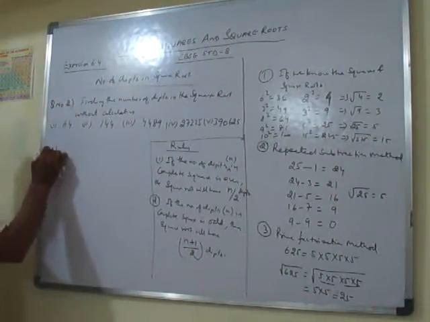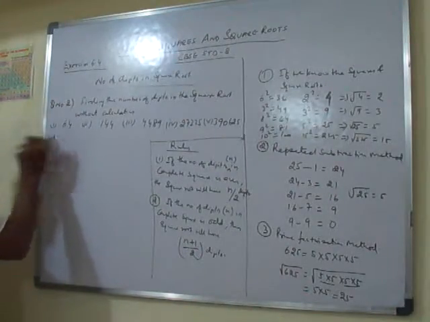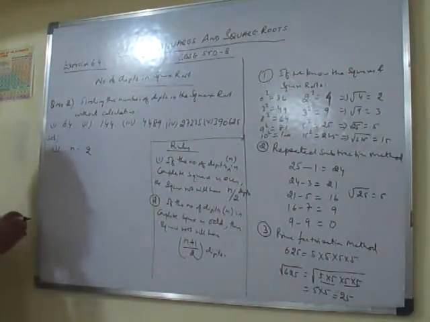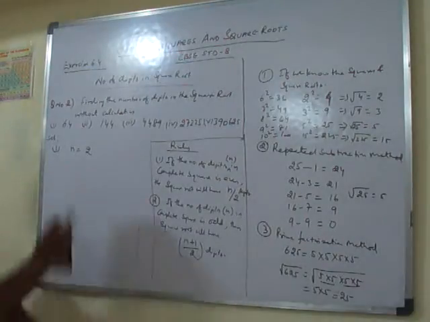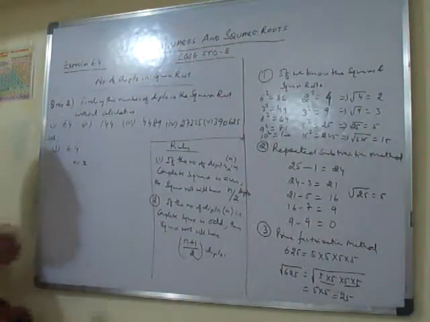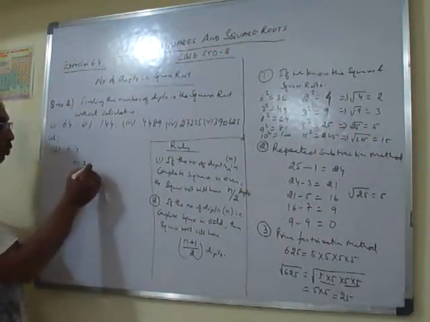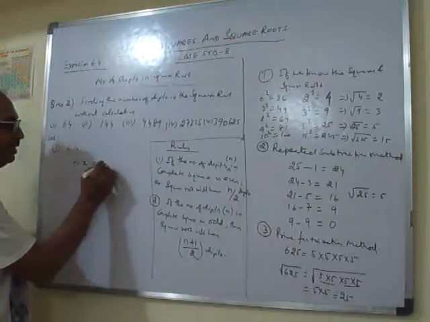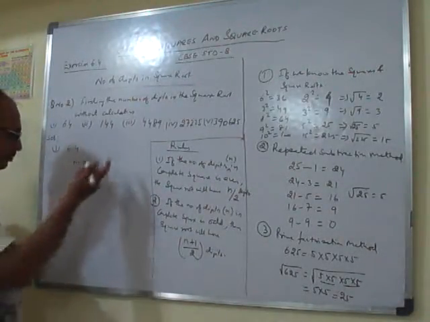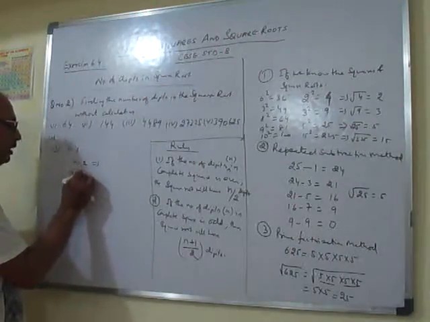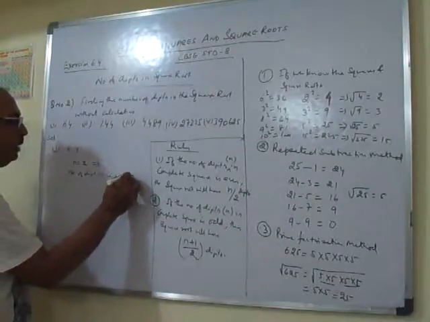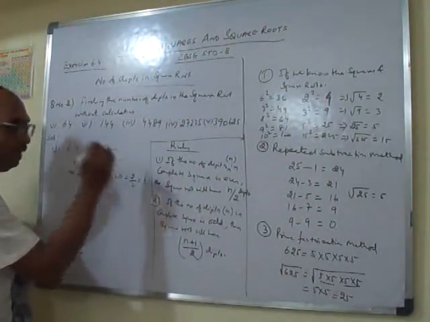So similarly for the first one, number of digits, n is equal to 2. It is given to us as 64. So here n is equal to 2. Then number of digits in the square root will be 2 by 2, so 1.